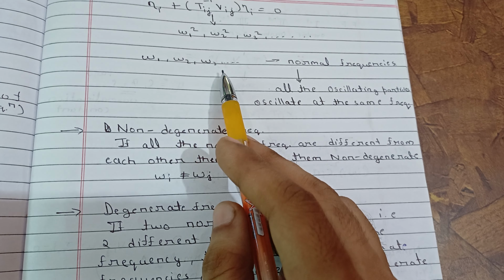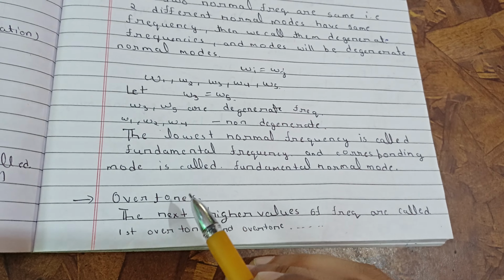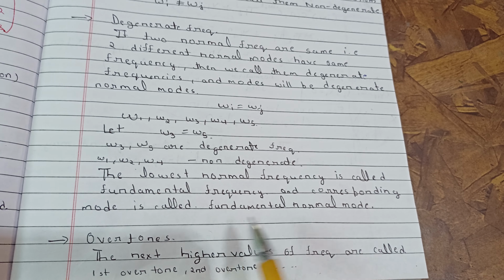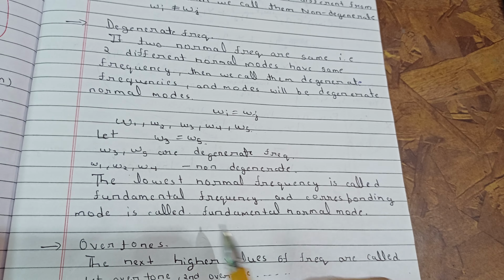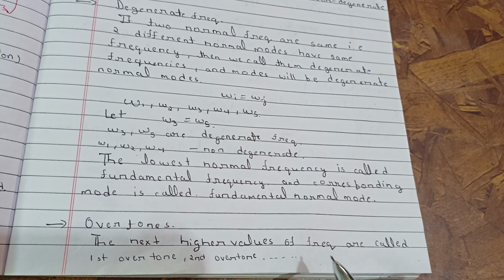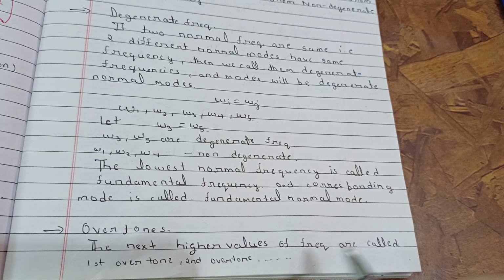Then a frequency greater than that is called the second overtone. When you arrange them in increasing order, the first is the fundamental frequency or fundamental normal mode, and the next higher values of frequency are called the first overtone, second overtone, third overtone, and so on.